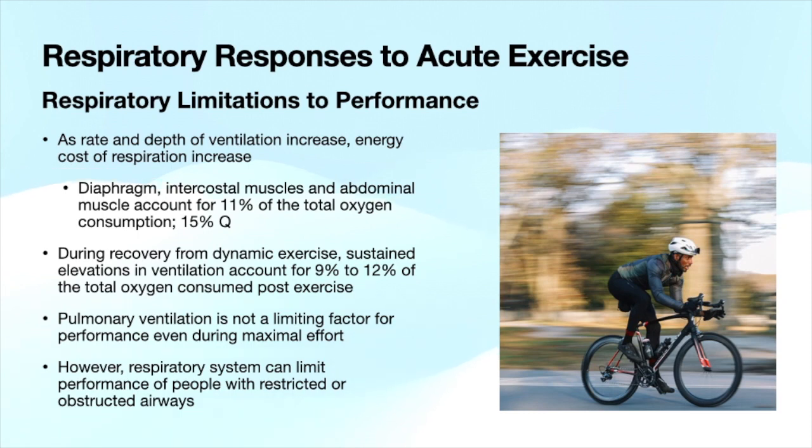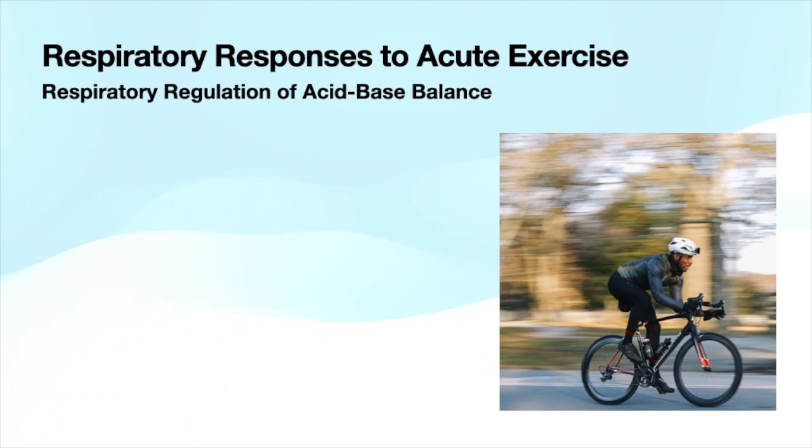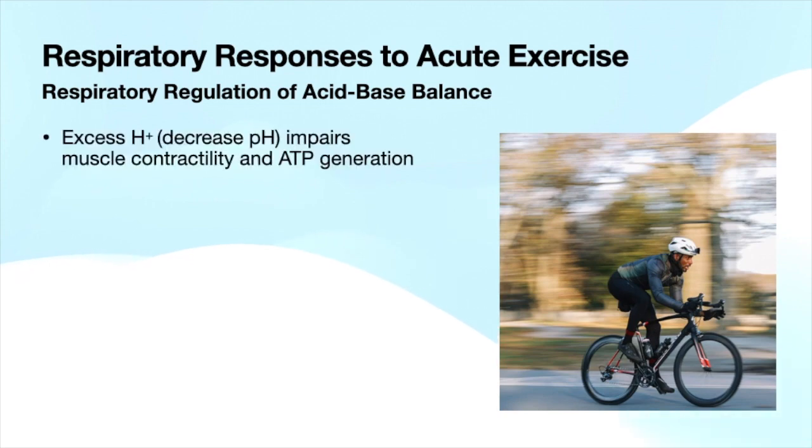Now, in terms of the respiratory system's regulation of the acid-base balance, excess hydrogen ions decrease pH levels. This happens because the byproduct of muscle contraction is lactic acid, which has an extra hydrogen ion.